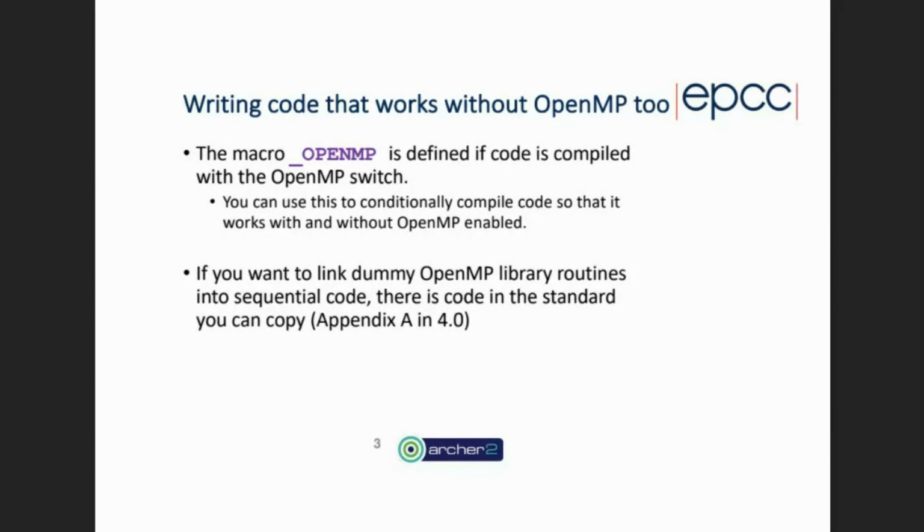So you can do portable preprocessing, because the macro _OPENMP is defined if the code has been compiled with the OpenMP switch on the compiler. You can use that as a portable way to conditionally compile code, so that it always works with or without OpenMP enabled.